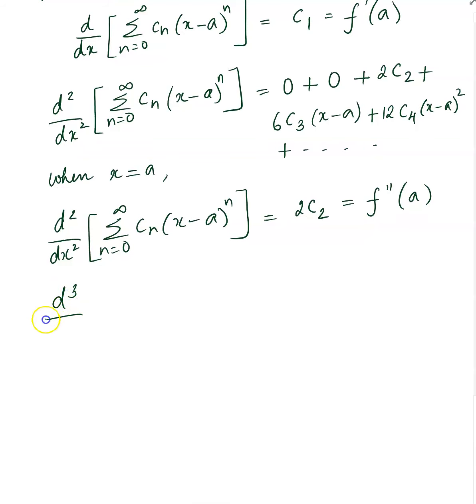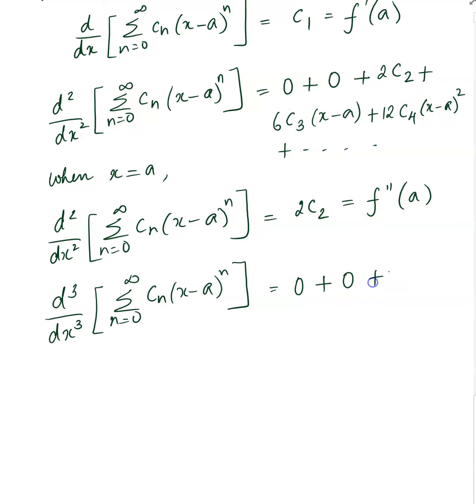Let's go to the third derivative, for which you go to the second derivative and differentiate that one. So again, for emphasis, I put the zeros, so you know I didn't skip them. 0, 0, plus that is also a 0. 2c2, when you take the derivative, that's going to be a 0, plus 6c3, plus 12 times 2 is 24c4 (x minus a), and so on.